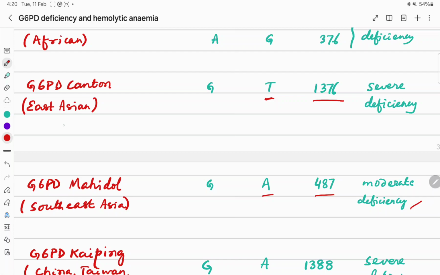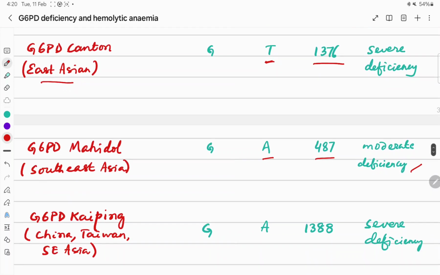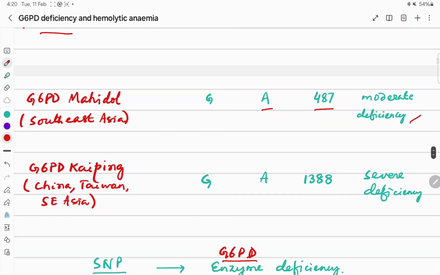G6PD Canton is prevalent in East Asia. Then G6PD Kaiping, prevalent in China, Taiwan and Southeast Asia. It also is caused by single nucleotide polymorphism at nucleotide 1388, where guanine is replaced by adenine, and this polymorphism causes severe deficiency.